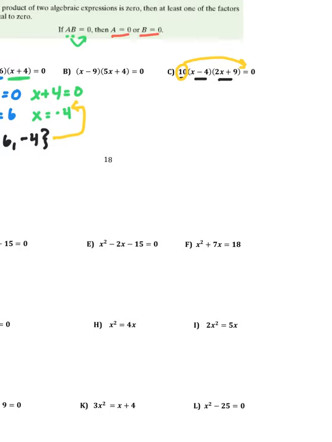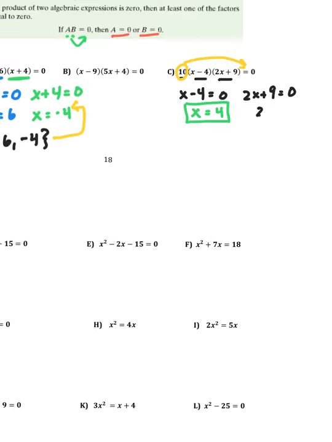So we are looking to set the factors that have a variable equal to 0, namely x minus 4 equal to 0, or the other set of parentheses, 2x plus 9, equal to 0. When I solve these, x is going to equal 4. That is one of my answers.